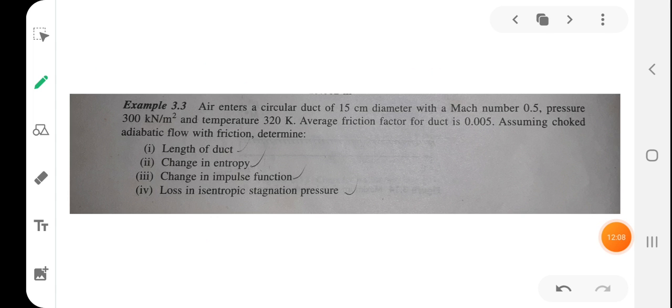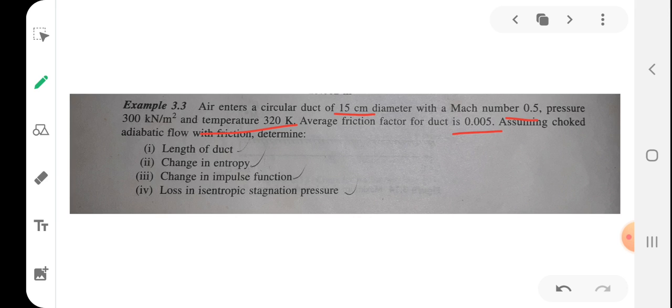So third question. We have air entering a circular duct of 15 centimeter diameter with a Mach number 0.5. The static pressure at the inlet is 300 kilonewton per meter square, the temperature is 320 Kelvin, and the average friction factor is given as 0.005.